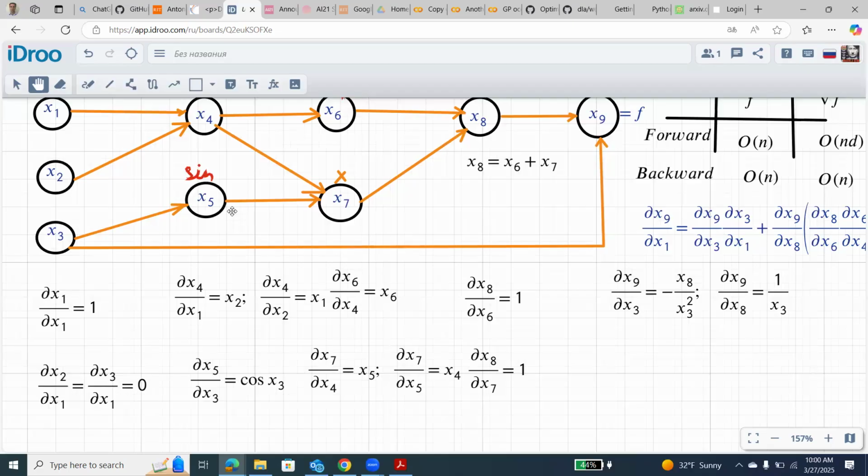Is there any reason why you would ever use forward mode outside of teaching purposes? Or backward mode? Yeah, so I believe it was in the Middle Ages when this algorithm was introduced, people realized that they can calculate derivatives more efficiently, and they call this backpropagation.